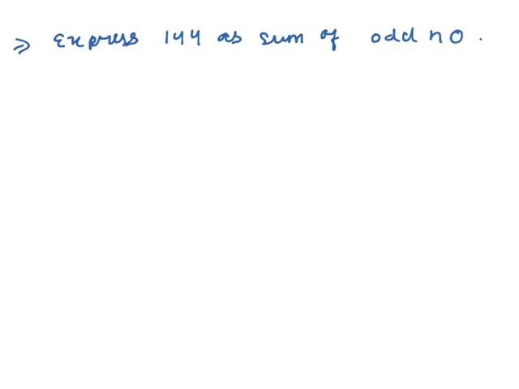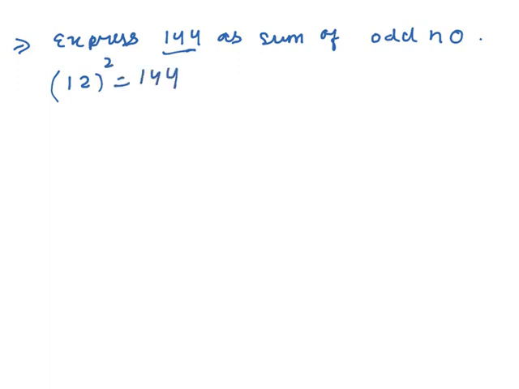The next question is to express 144 as a sum of odd numbers. For that we should know whether 144 is a perfect square or not. And if it is a perfect square, we have to identify the number that gives the square as 144. In that case we know 12 square will give us 144.